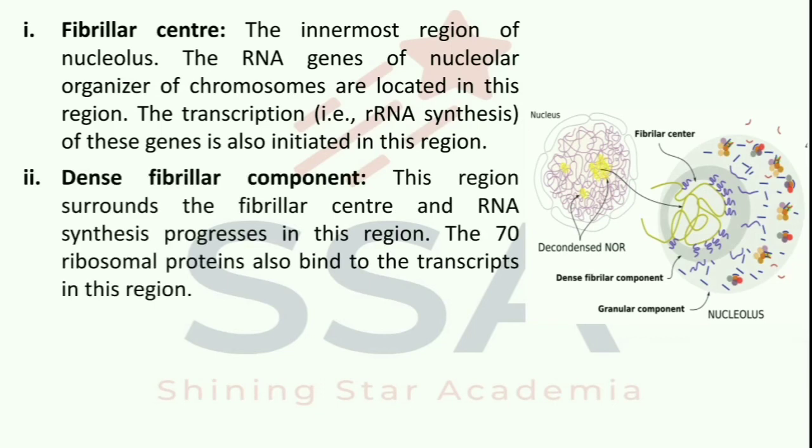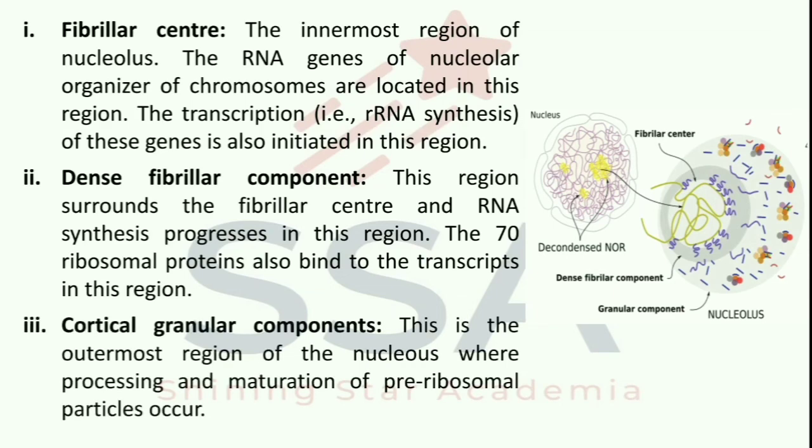Second is dense fibrillar component. This region surrounds the fibrillar center and RNA synthesis progresses in this region. The 70 ribosomal proteins also bind to the transcripts in this region. Third, cortical granular component. This is the outermost region of the nucleolus where processing and maturation of pre-ribosomal particles occurs.